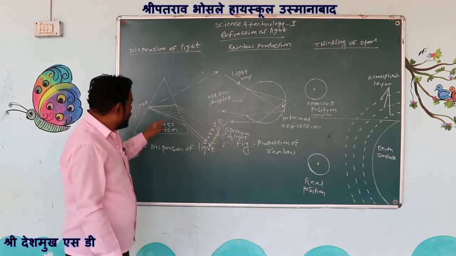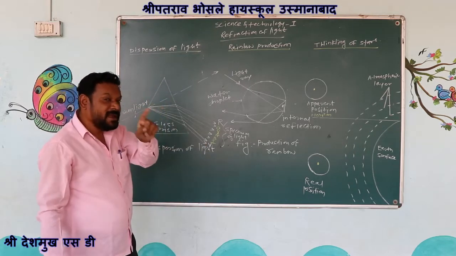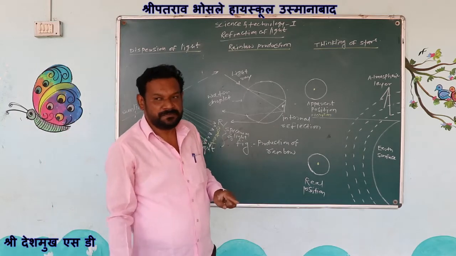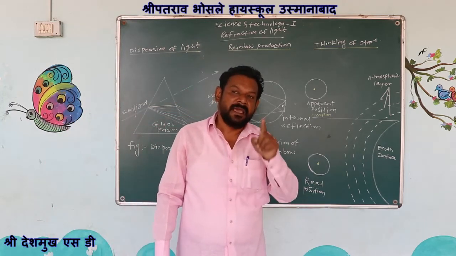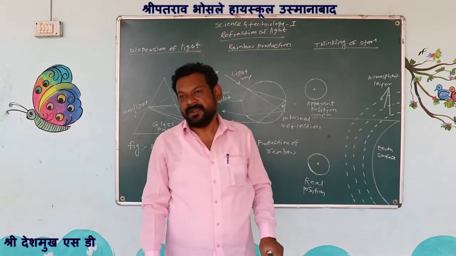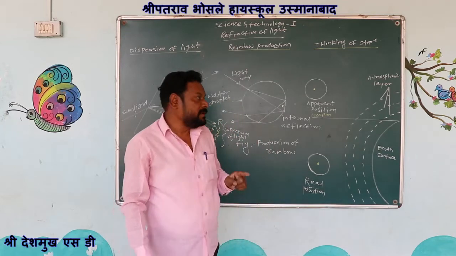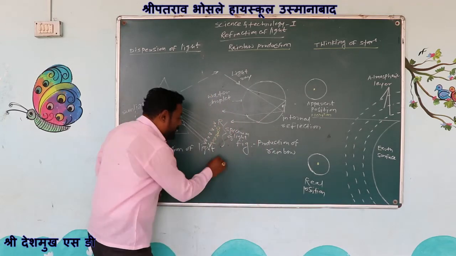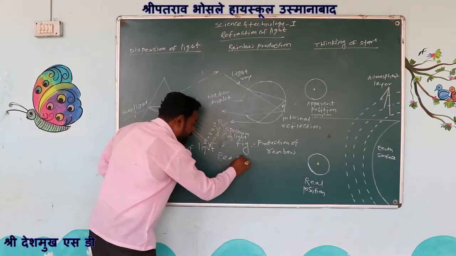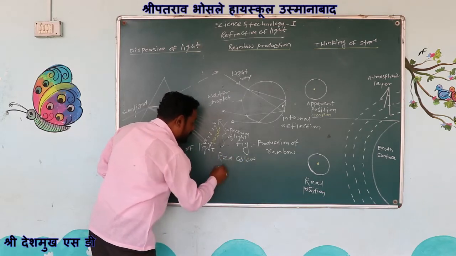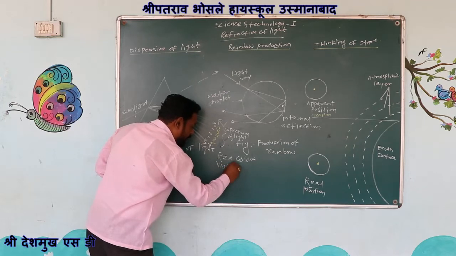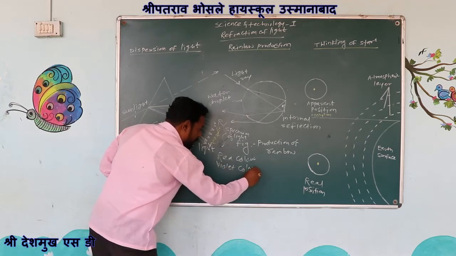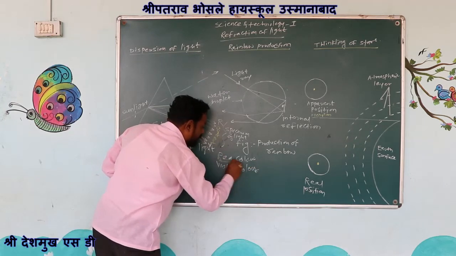Light is electromagnetic radiation, and wavelength is an important property of radiation. Now look here, red color and violet color.